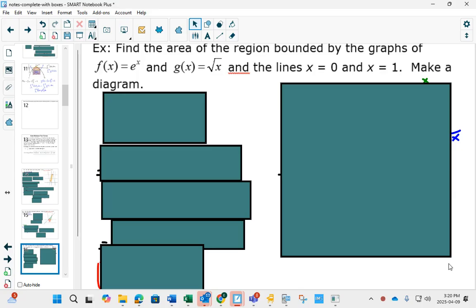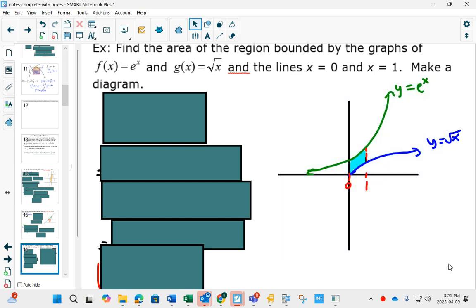So sometimes they won't give you the graphs. So you would have to draw a picture on your own. Y equals e to the x. Y equals the square root of x. And you want to find the area between the two graphs.